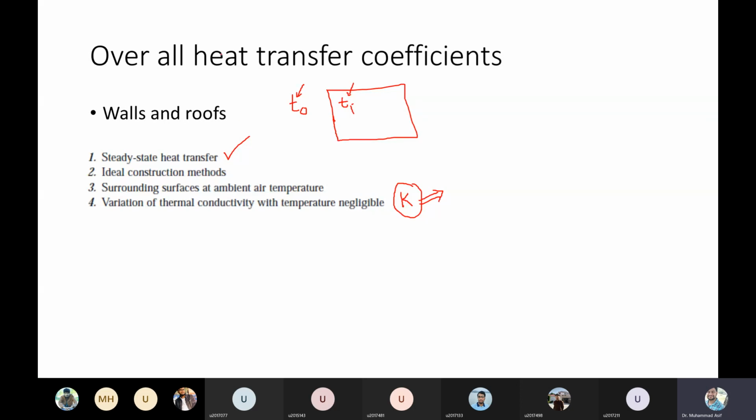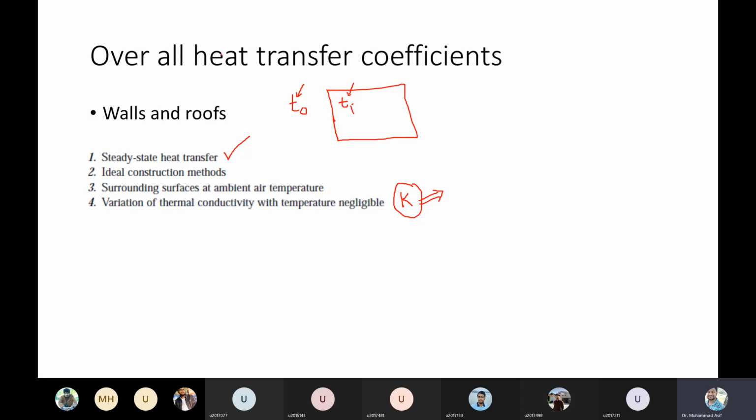We are studying building structure with reference to heating or cooling. So for this particular range of temperature, the value of the thermal conductivity is not changing so much. So we can assume the value of the thermal conductivity to be constant. These are the assumptions on the basis of which we can calculate the overall heat transfer coefficient, using the method that I have described previously, the equivalent resistance.